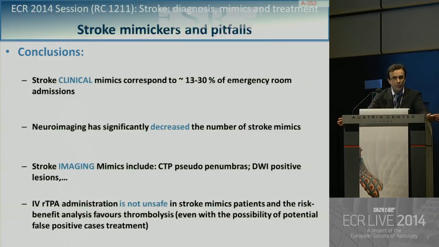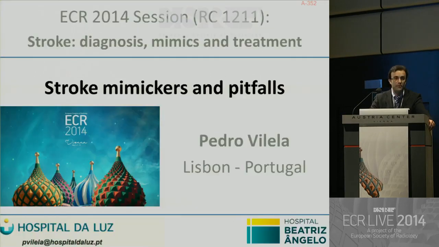We also have our stroke mimics that we have to remember when we are dealing with this. And in the balance between treating a patient and making the evaluation of whether it's a stroke mimic, it seems to be favorable to treat the patients anyhow, even knowing that we are, at the end, going to treat some false positive cases. So thank you very much for your attention.